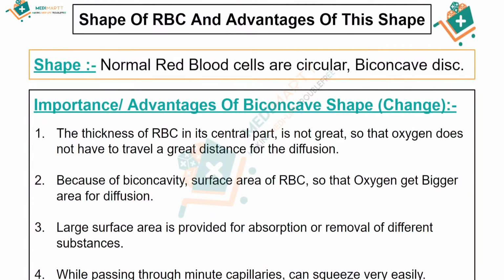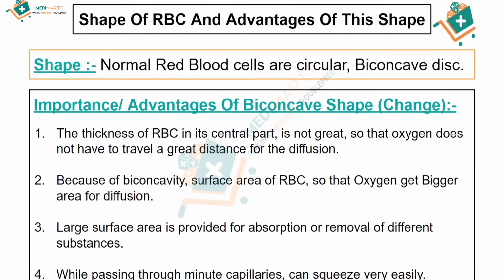So the thickness in the central part is not great, and oxygen does not have to travel a great distance for diffusion.